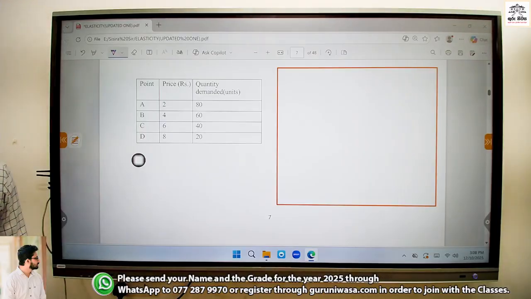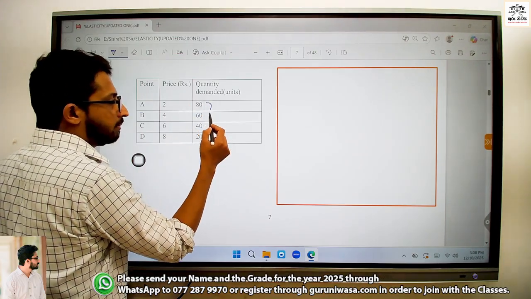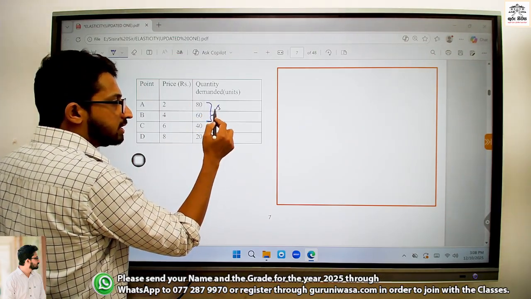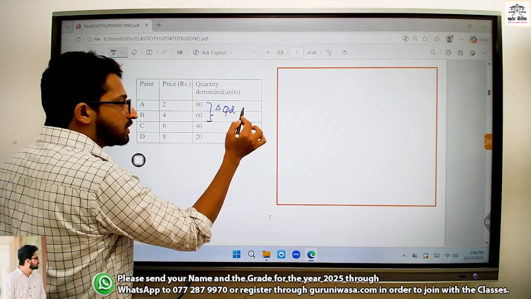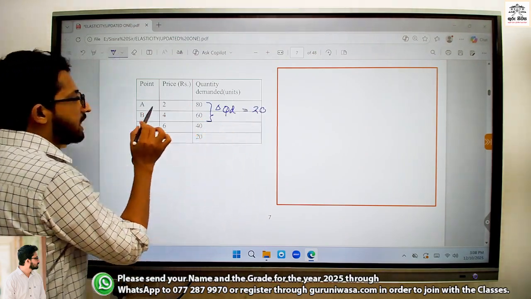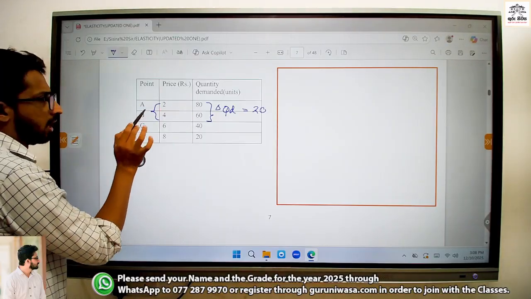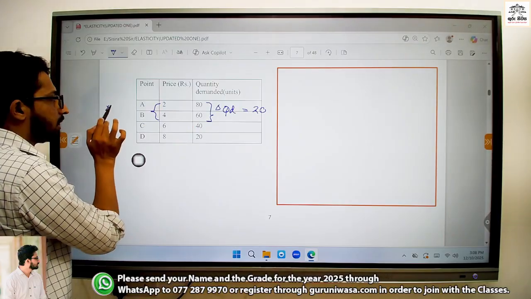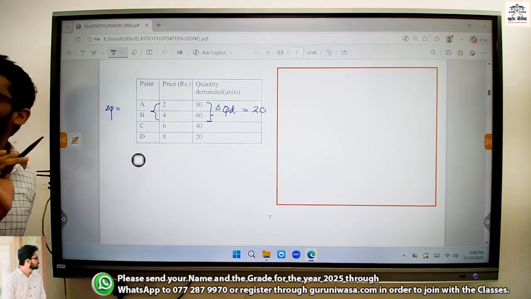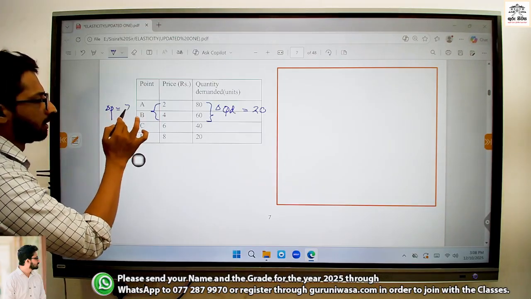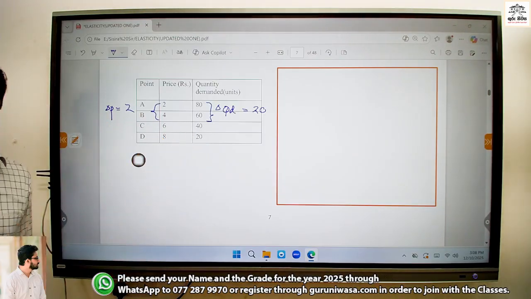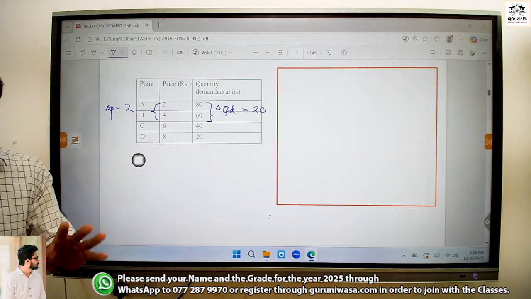I want you to calculate change in quantity demand. How much change in quantity demand here? Change in quantity demand is 20. Change in price, how much? 2. Here you can see the change is the same everywhere, between any 2 points.